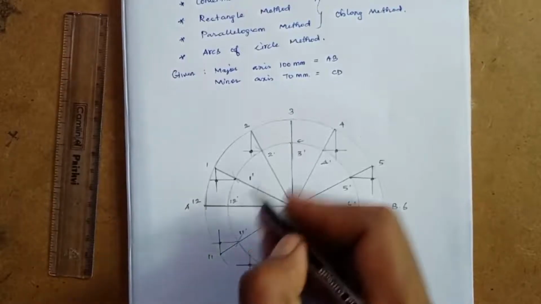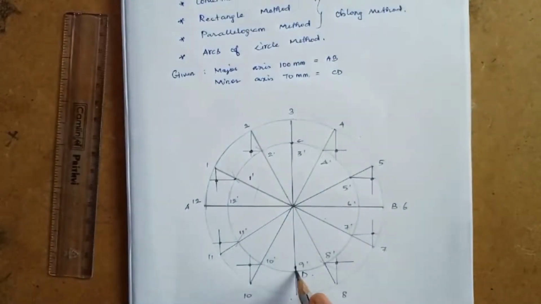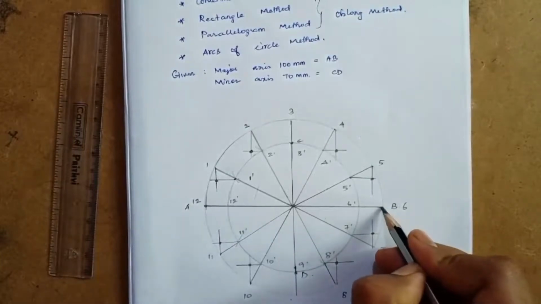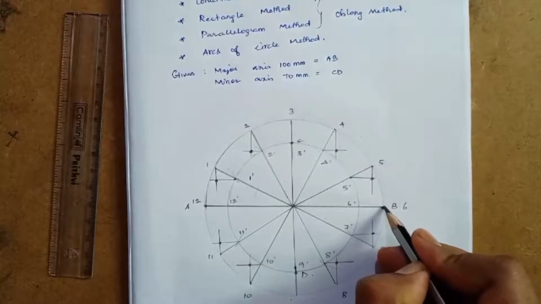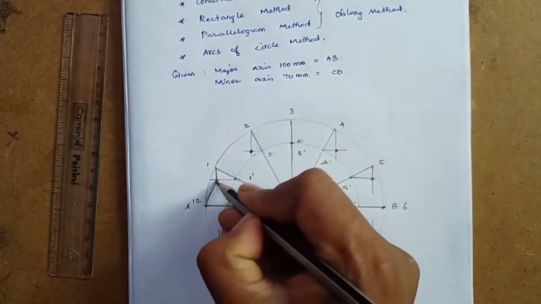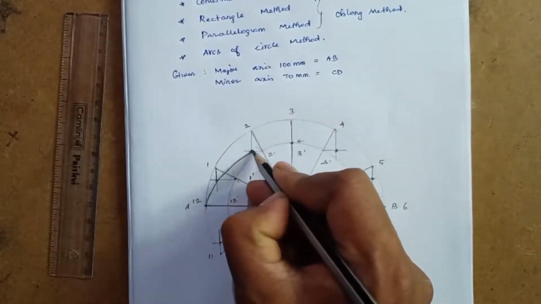Now this is the end of the minor axis. Now you have to trace the ellipse. You see that both the major axis as well as the minor axis should make a contact. Now draw the ellipse. Just join all these points.